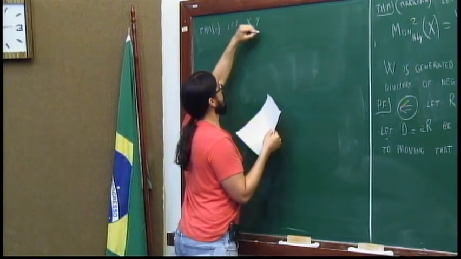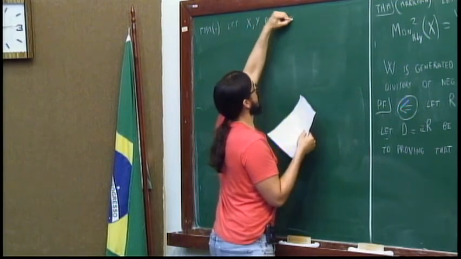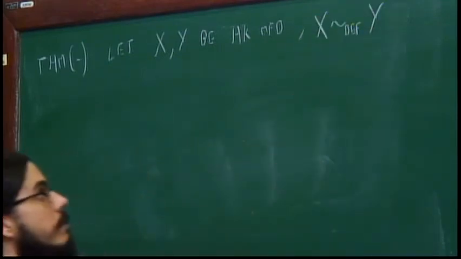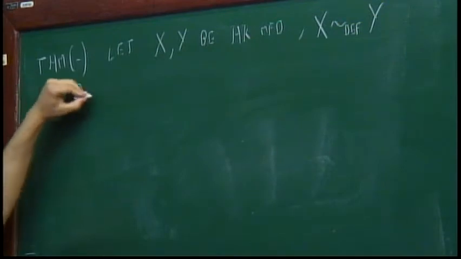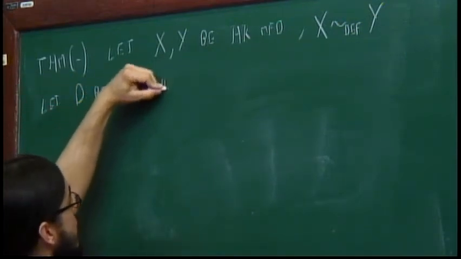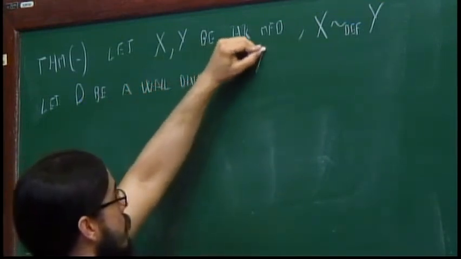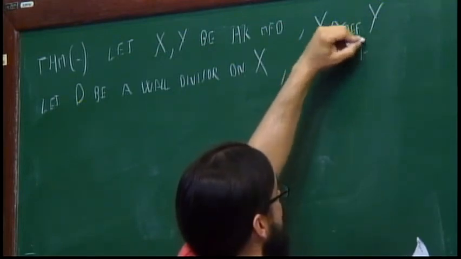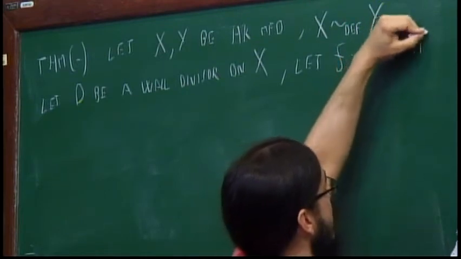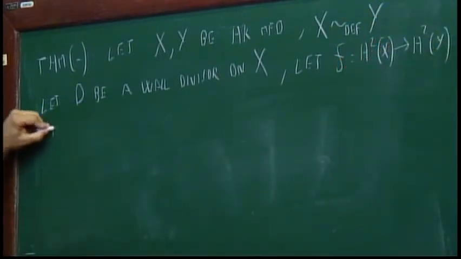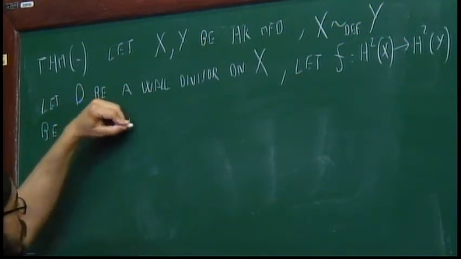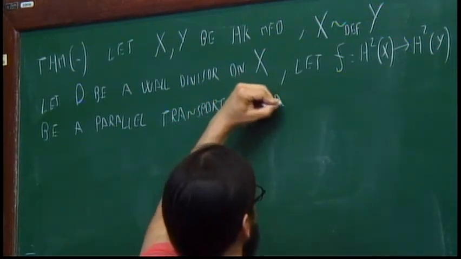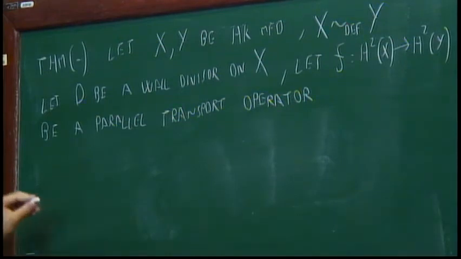So let X and Y be hyperkähler manifolds with X deformation equivalent to Y. Let D be a wall divisor on X. Let f from the H2 of X to the H2 of Y be a parallel transport operator.